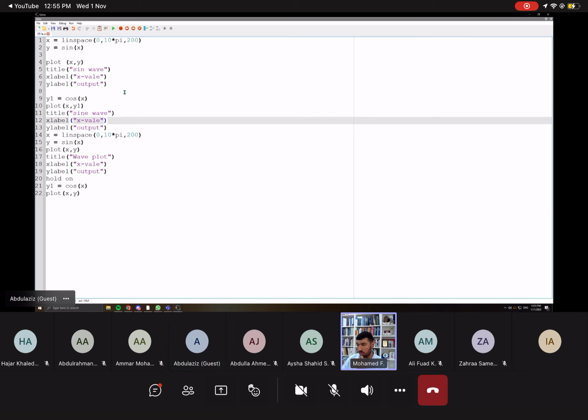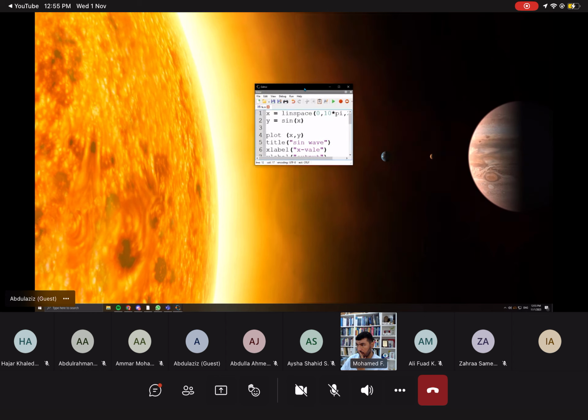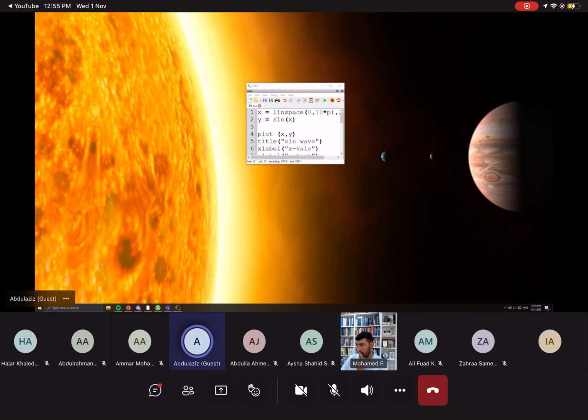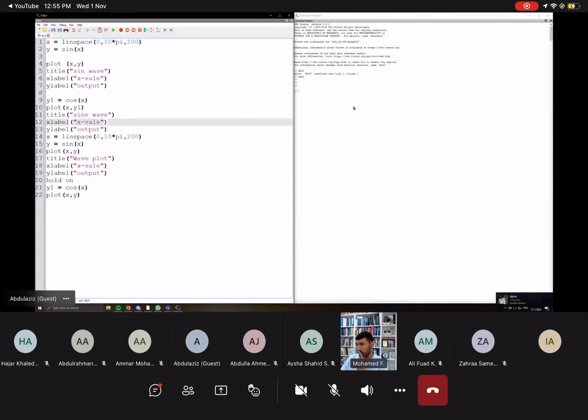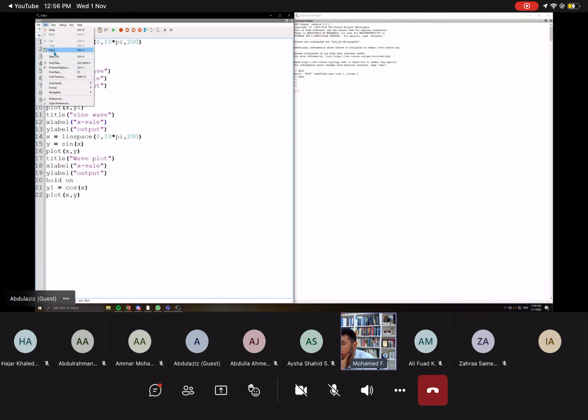Where's the problem? You need the command window, right? Yes. When I press run, nothing shows up. Okay, go to Edit on the top there, on the left-hand side. Click on it.